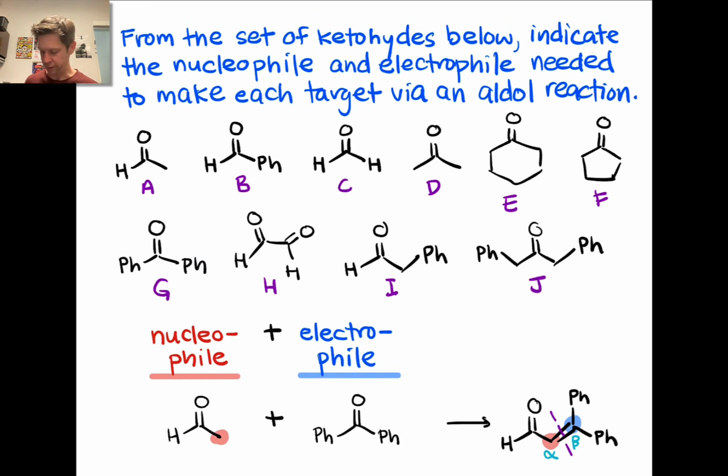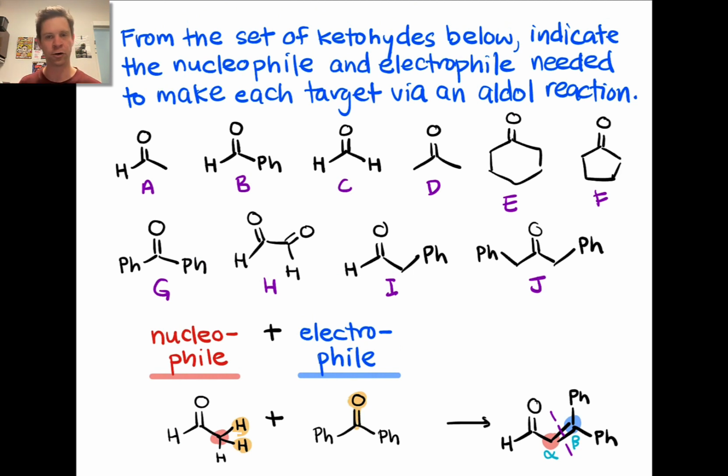And one thing to notice, now that we have both of these structures down, is that what's missing from the product or the target relative to the starting materials are two H's. There is an H remaining at the alpha carbon in the target, but two H's are missing, as well as the carbonyl oxygen, the elements of H2O.